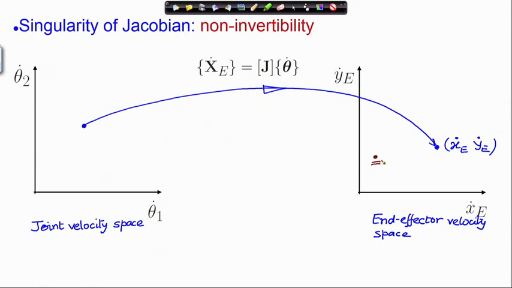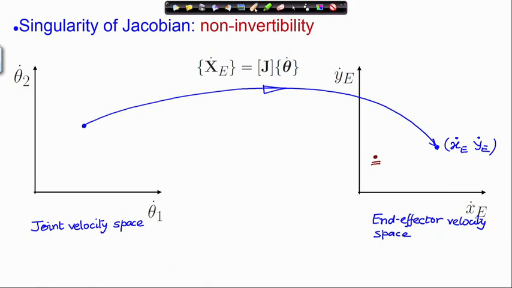So, this is the effect of non-invertibility. I cannot find a corresponding joint velocity to produce that end effector velocity. That end effector velocity cannot be produced.